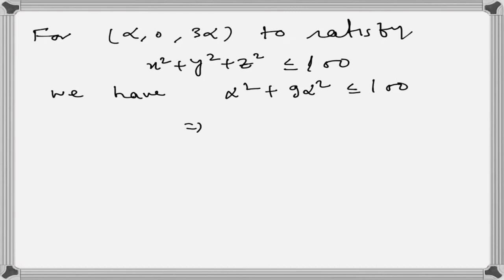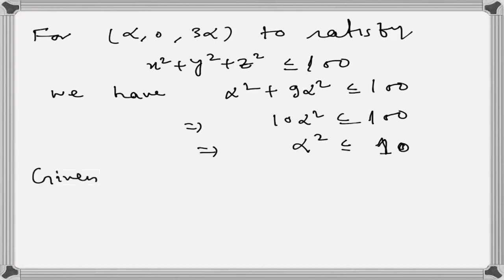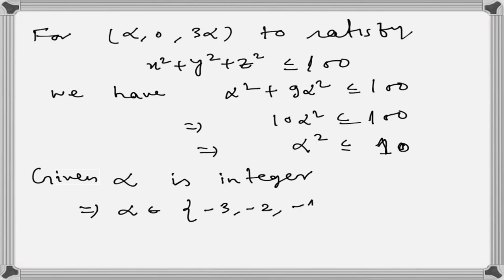This implies 10 alpha square less than or equal to 100, so alpha square less than or equal to 10. Given alpha is an integer, alpha belongs to -3, -2, -1, 0, 1, 2, 3.